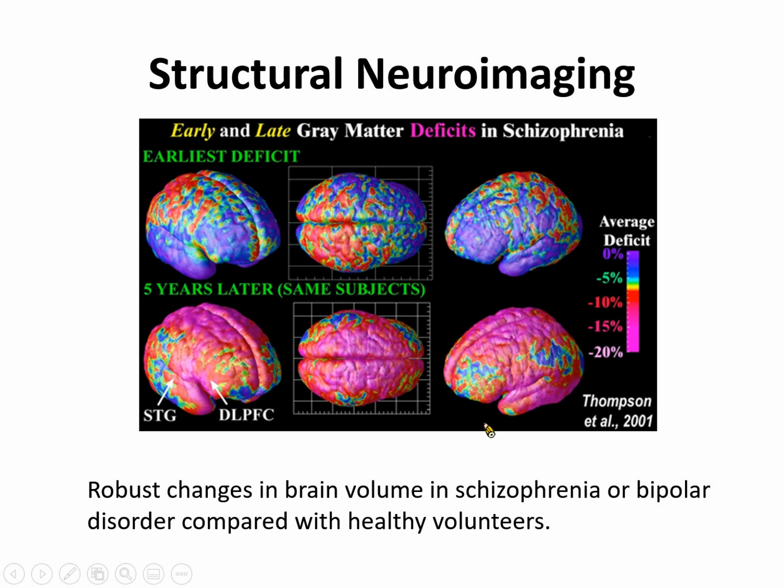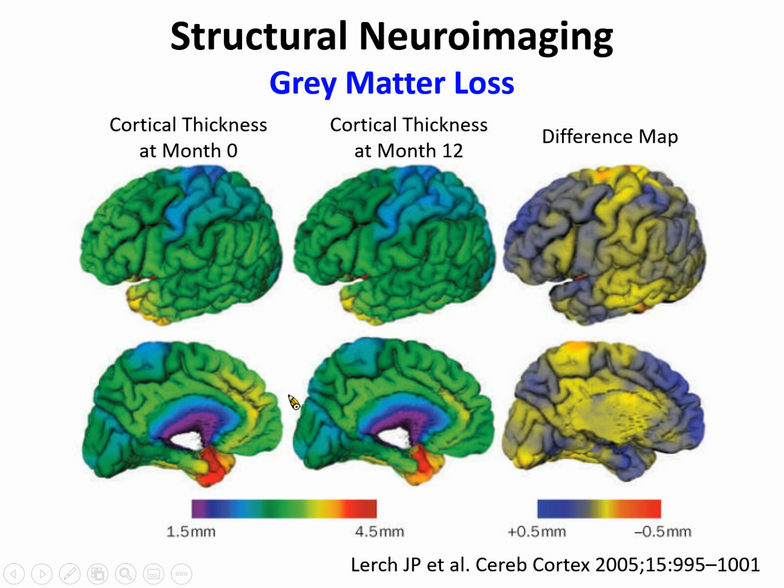That is why we can use brain MRI to do diagnosis or prediction of brain age, just like what I showed in this lecture. Likewise, in Alzheimer's disease, there is also a change in cortical thickness, and this change means a loss of gray matter.